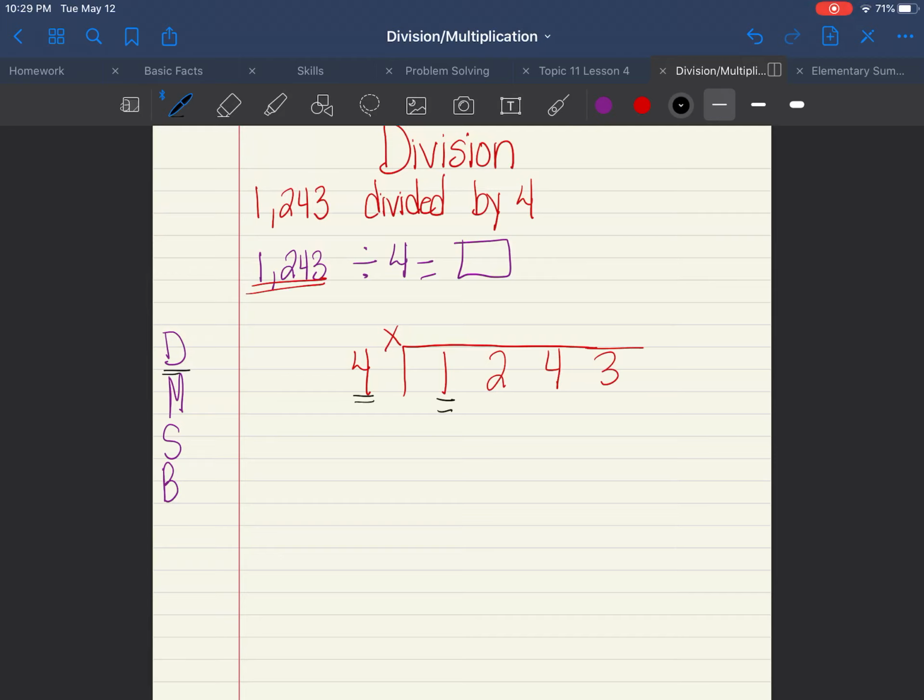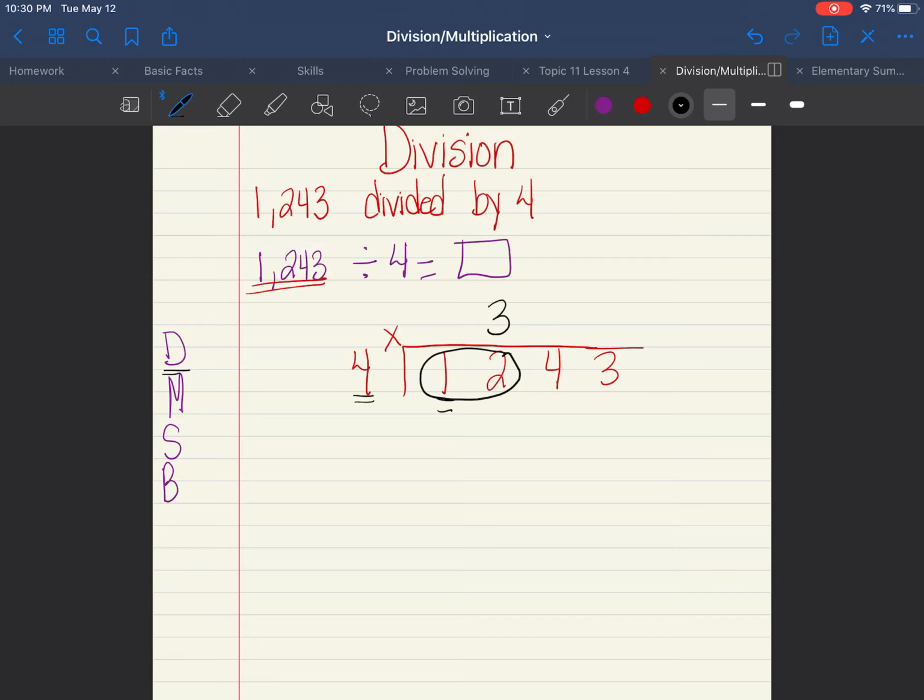So dad comes first. Dad stands for divide. So I have 1 digit, so I'm only going to look at 1 digit. How many times can the 4 go into 1? Well, the 4 cannot go into 1. So we're going to ask the neighbor, and we're going to regroup. So that's going to make a 12. And we're going to divide.